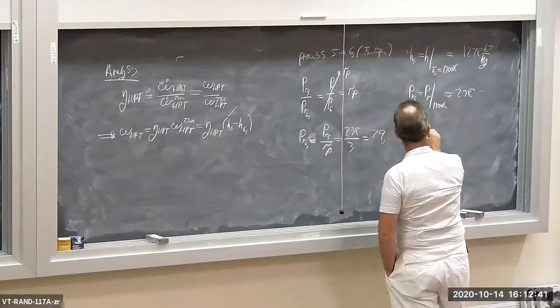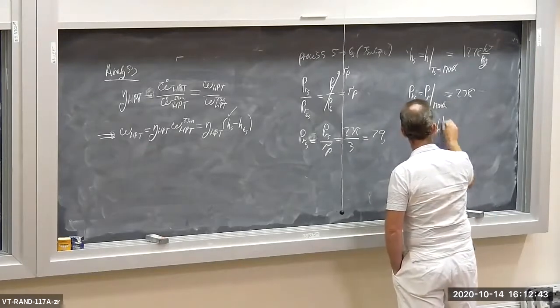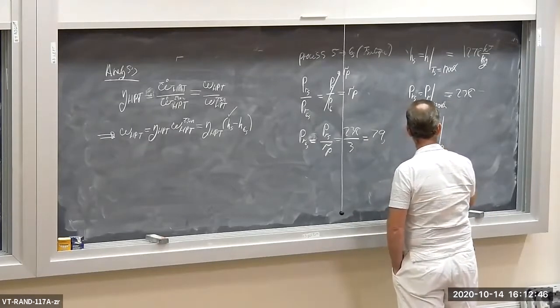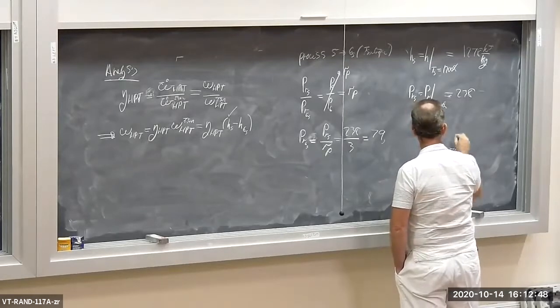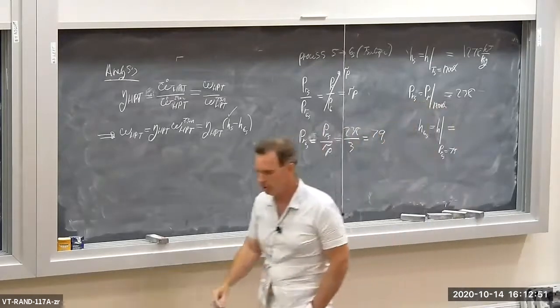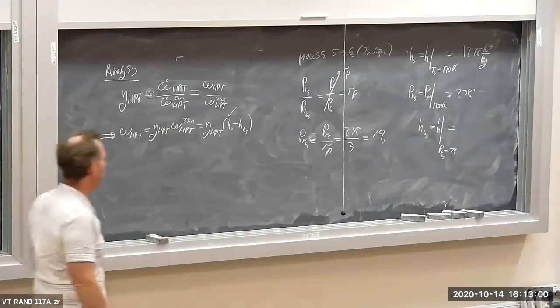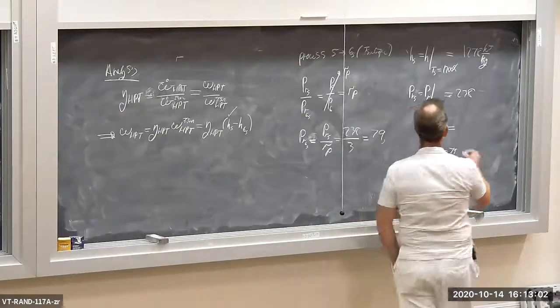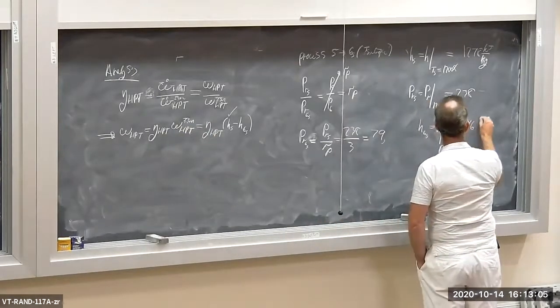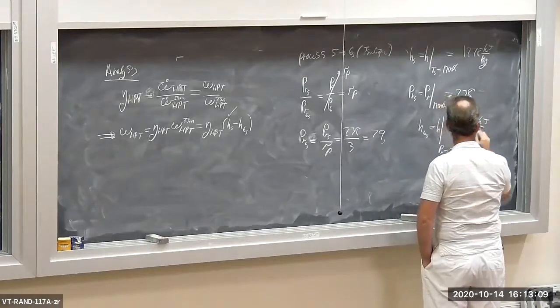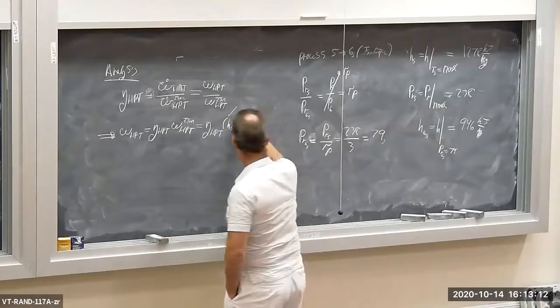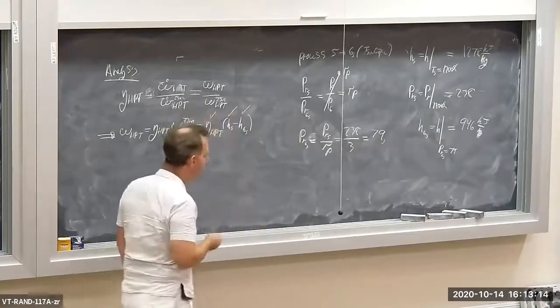Now, H6 sub s is H evaluated at PR6 sub s, which is 79. I looked that up in a table, and I get H6 sub s is 946 kilojoules per kilogram. Okay, so now I have H6 sub s, and I have the isentropic efficiency.